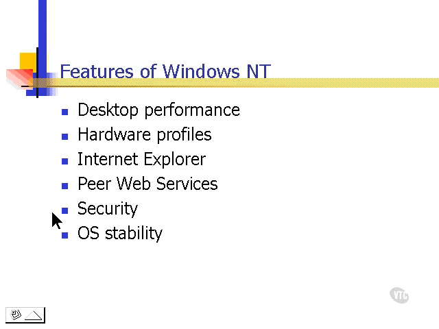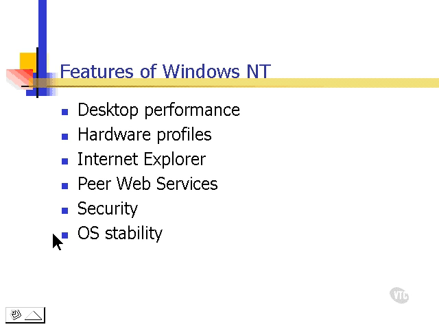Enhanced security. Security is one of the major benefits of the Windows NT operating system, and we'll be talking about how security is further enhanced in the rest of this section. And then operating system stability. Because of the architecture, the way that Windows NT is put together, the stability of the operating system is much improved over Windows 9X.